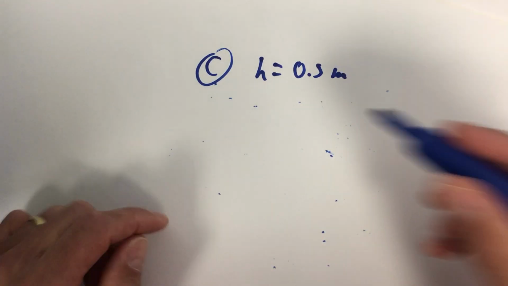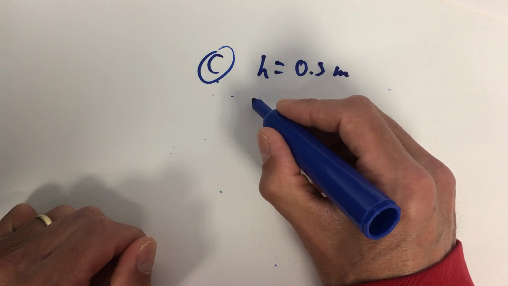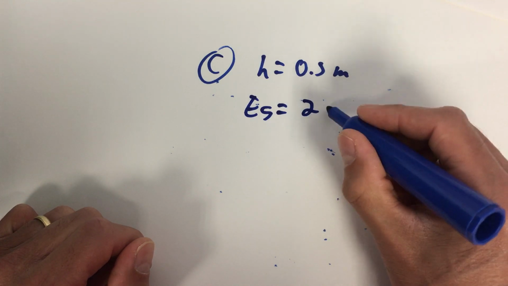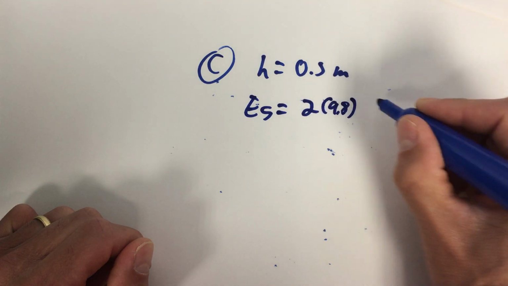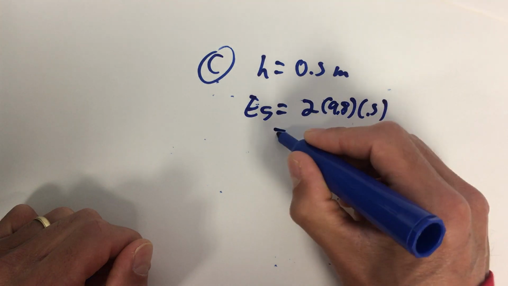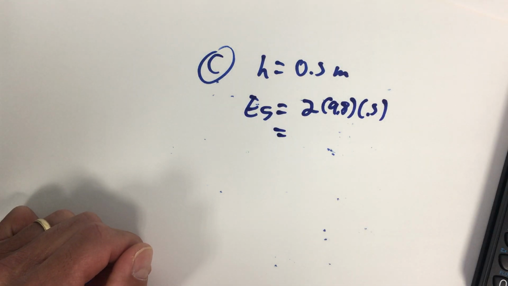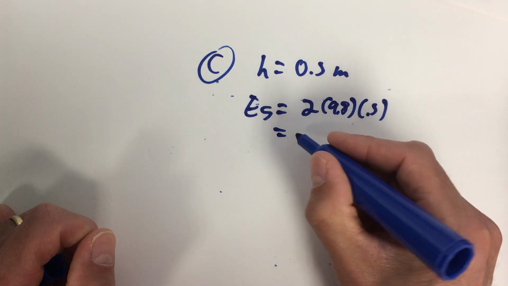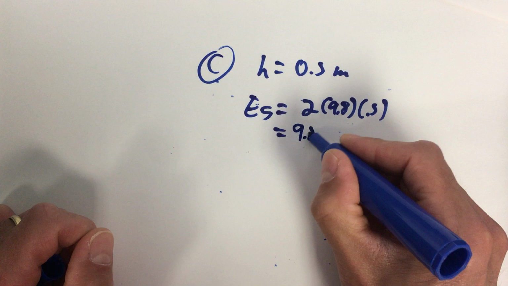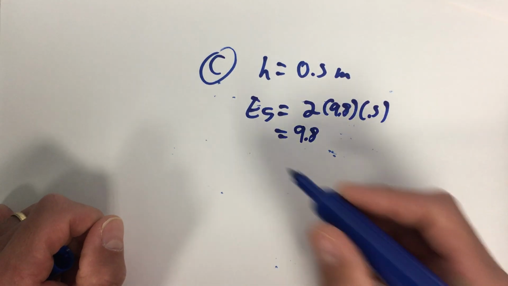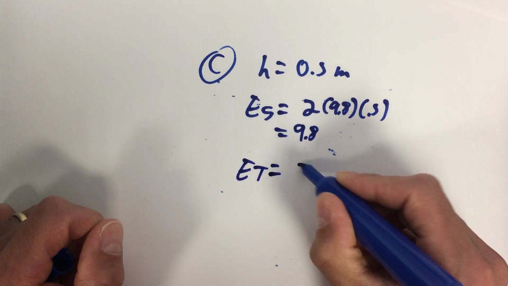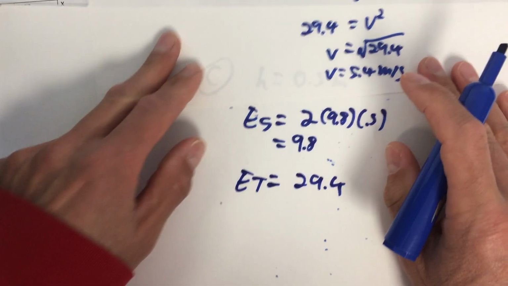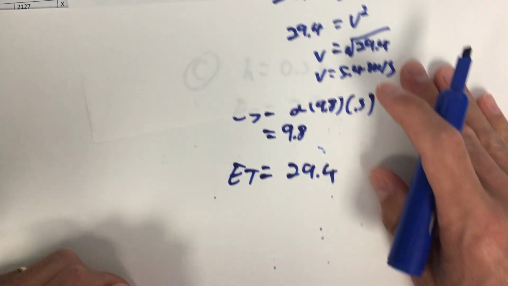We know our height is 0.5. So we know that our gravitational energy is our mass times 9.8 times our height. So the gravitational potential energy is, I was about to use my calculator, that's silly, 0.5 times 2 is 1, so our gravitational potential energy is 9.8 when we're at that height. We also know that our total energy is 29.4 because in this problem our total amount of energy does not change.